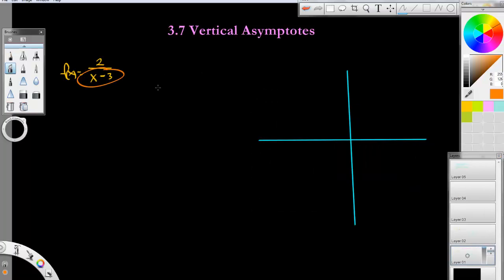And you can see that x minus 3, there is a number that I can put in there to make that equal to 0, and it's, of course, 3. If I put 3 in the bottom, 3 minus 3 on the bottom would make that 2 over 0, which is undefined. When that happens, you have something called a vertical asymptote.